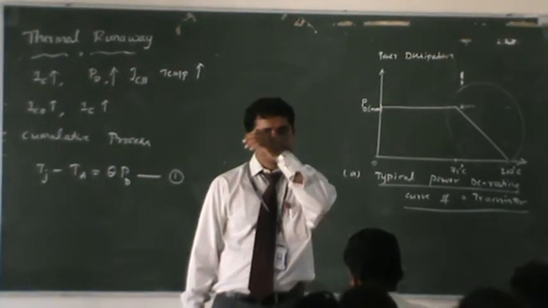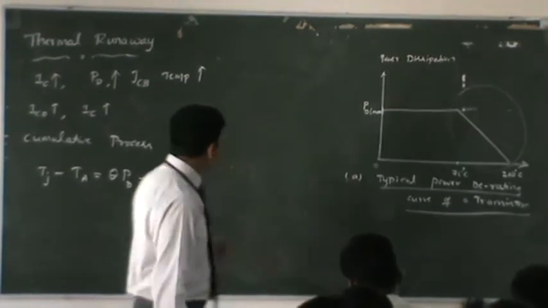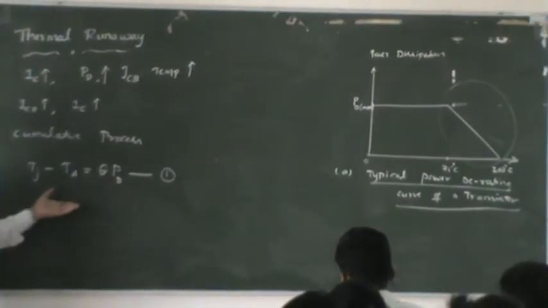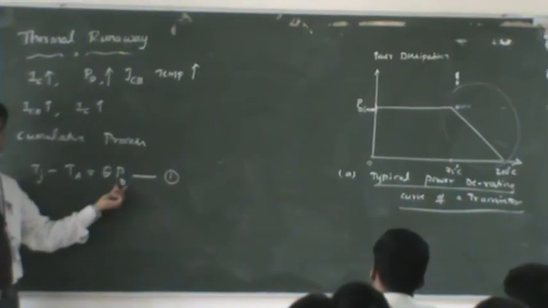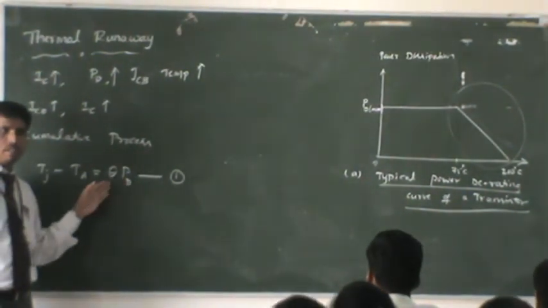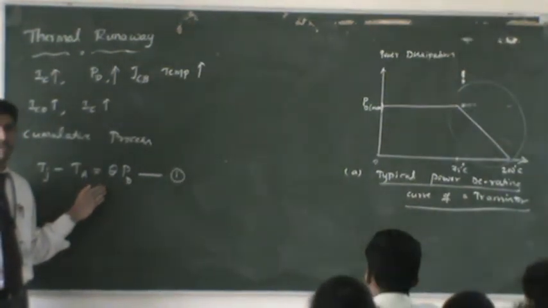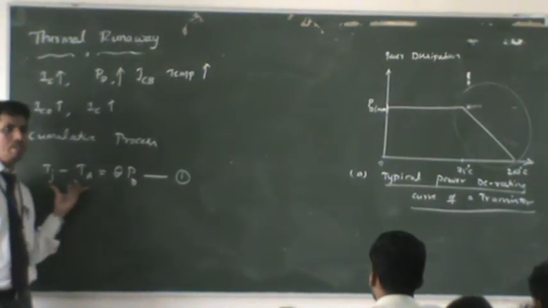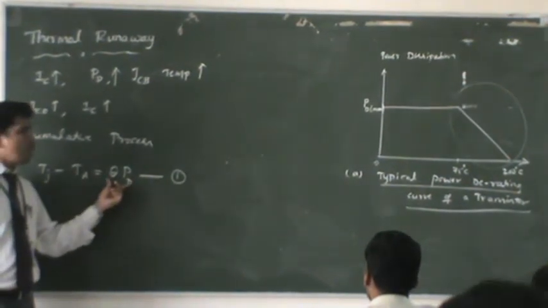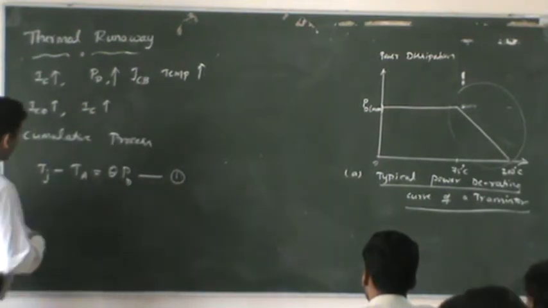What will happen? The amount of heat generated should be equal to, see the right hand side, the power dissipation. The difference must be equal to the power dissipation times theta. Theta is called the thermal resistance. So the difference in temperature must be equal to the product of power dissipation and thermal resistance. Here we define various parameters.